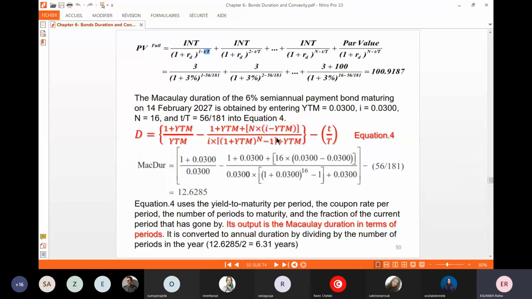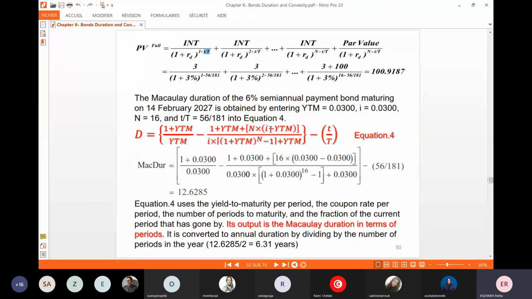Here, be careful. This Macaulay duration is computed on the basis of the semi-annual yield to maturity, with the number of semesters and a semi-annual coupon. So what you will find is in semesters: 12.62 semesters.